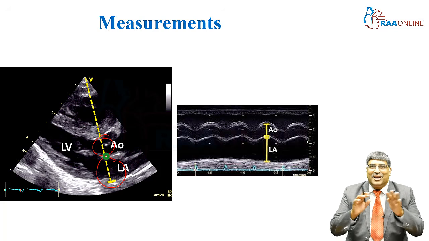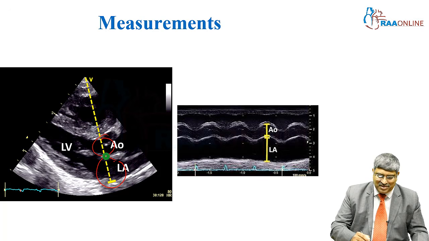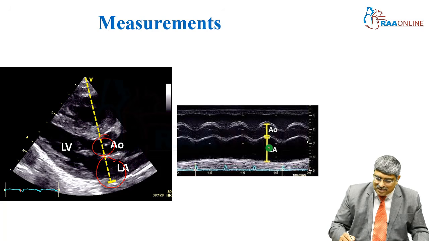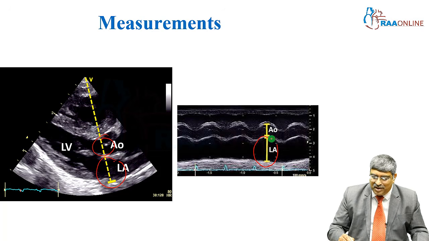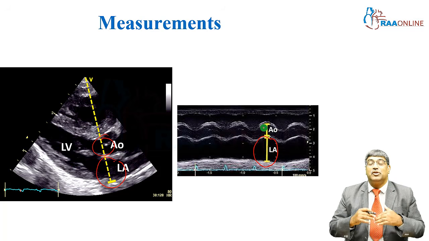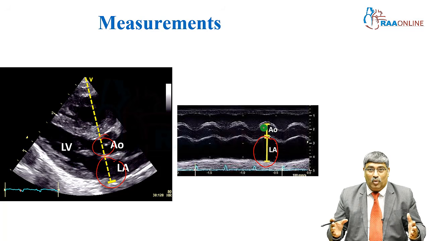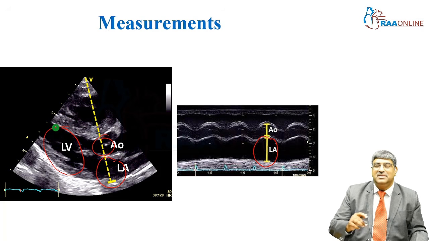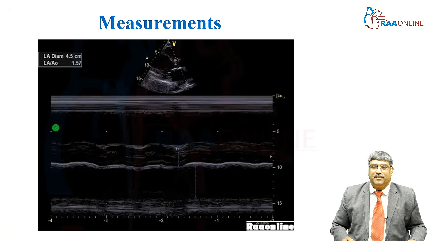Normally, the aortic LA ratio is 1. That means the ratio of the aorta and LA is equal. But sometimes, due to LV dysfunction or something, the LA might enlarge and the ratio might become more than 1. If the ratio is more than 1, your left ventricle is slightly struggling.